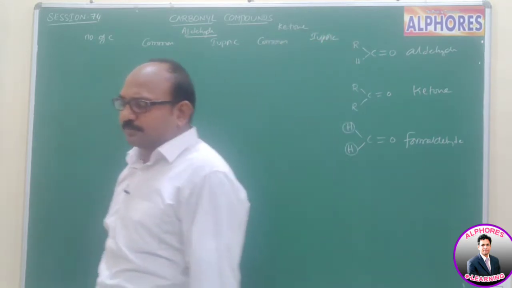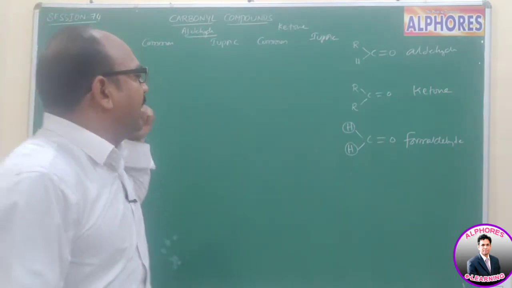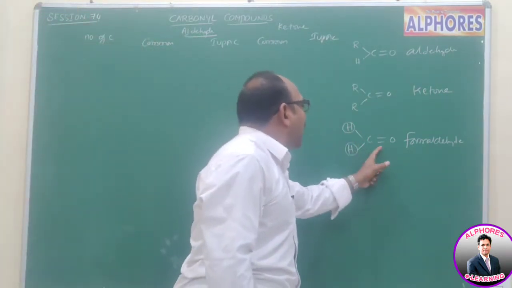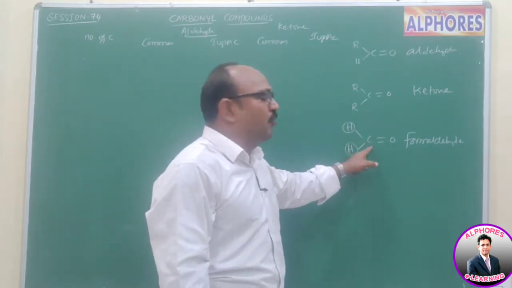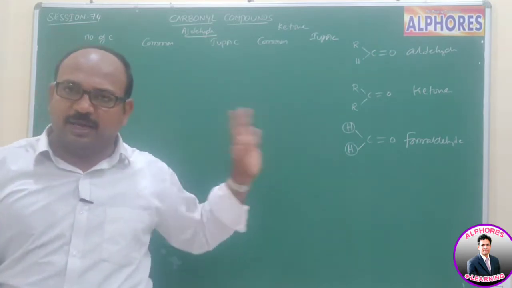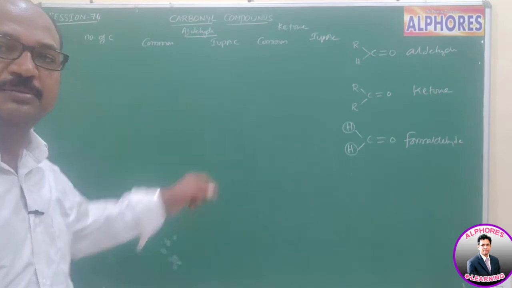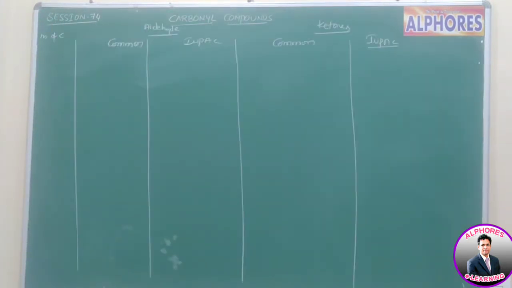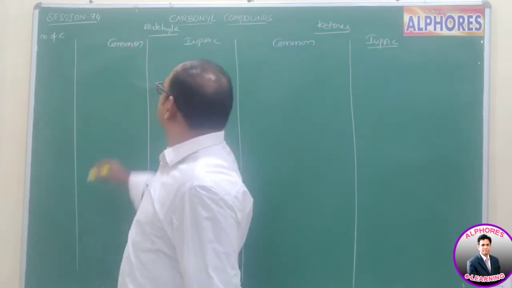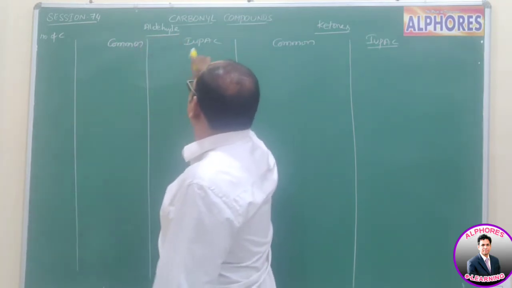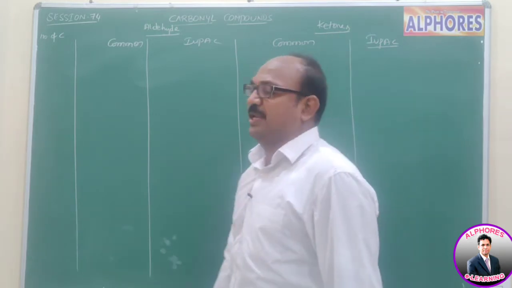In order to show the aldehyde formula, a minimum of one carbon containing aldehyde exists. But can we expect a one carbon containing ketone here? So, number of carbon atoms: if it is aldehyde, what is the common name and IUPAC name? If it is ketone, what is the common name and IUPAC name?